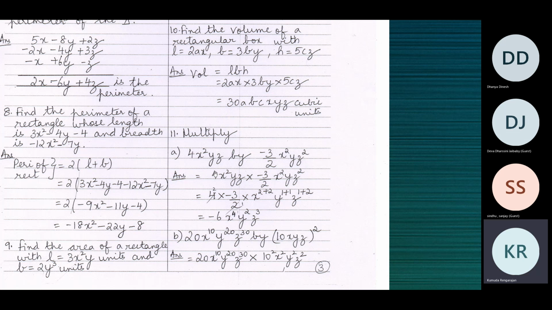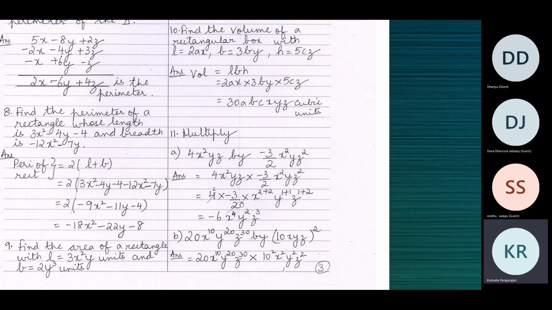These are 4 multiplied by x square, multiplied by y, multiplied by z, multiplied by minus 3 by 2, multiplied by x square, multiplied by y, multiplied by z square. There is no plus or minus sign. It's not x plus y, y minus z. It's like 5 into 4 into 3 into 12 into 10 into 15 into 11 and so on. It's just multiplication everywhere.